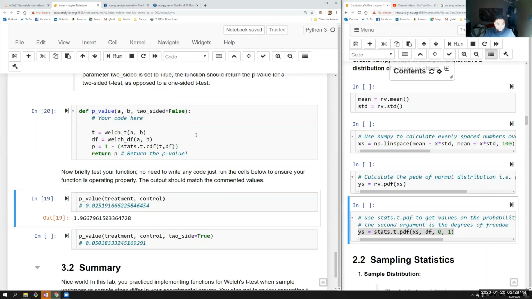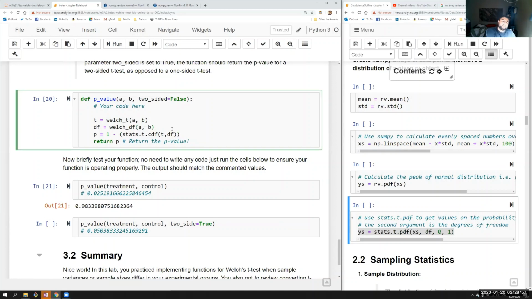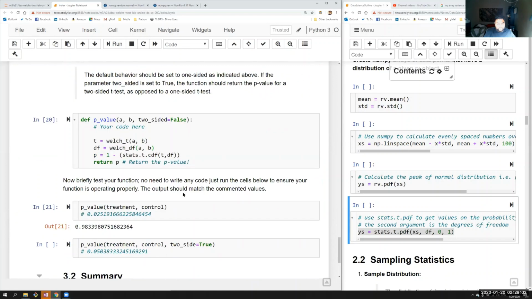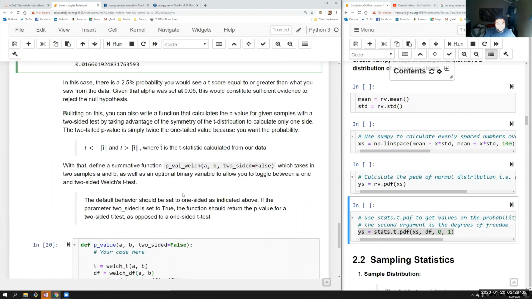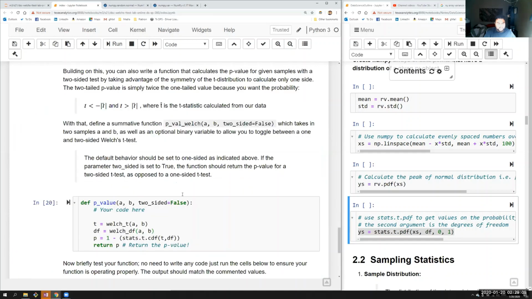Okay, that is also not right. Oh, because two_sided is equal to false. Oh, but even then, the p-value should have still come back. Hmm. And it's the same.